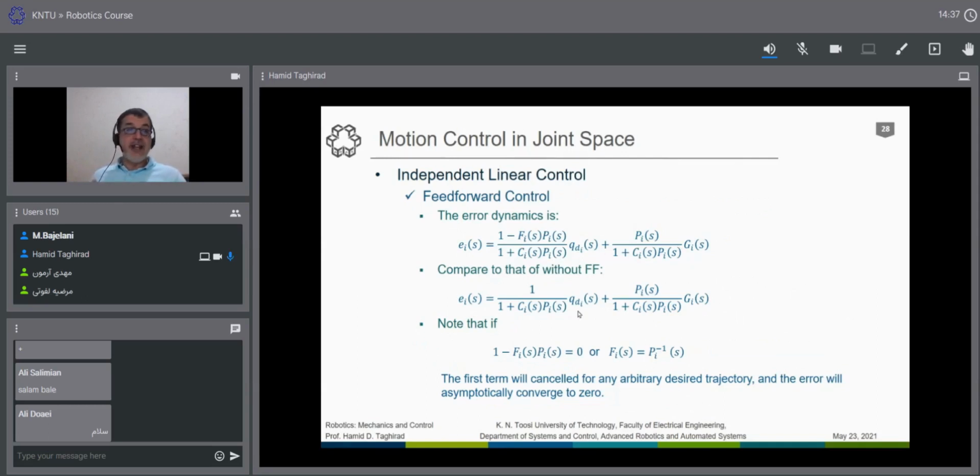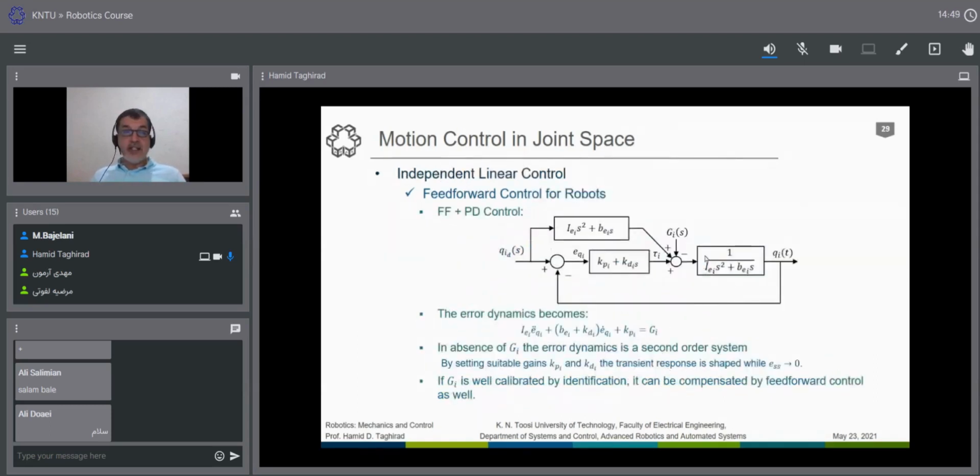This is a general case when we have Pi, Gi, Ci, but in particular for a robotic manipulator, the P is quite known. We know that the P is a second order system if we have a calibrated model here, and then the feed forward should be somehow the inverse of that. And as you see here, the inverse of that is what we call P2D, the second derivative.